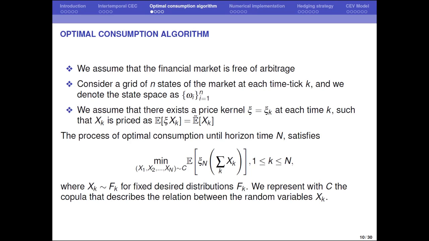And we assume that there exists a price kernel for each time. So we can price a random variable x with the expected value of the random variable multiplied by the price kernel. So the optimal consumption until horizon time satisfies this equation.